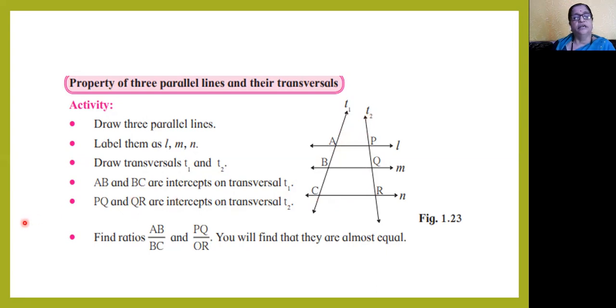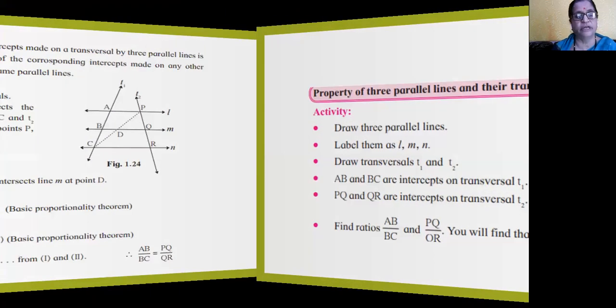Here, AB and BC are the intercepts on the transversal, and on this transversal, PQ and QR are the intercepts. So you will find that the ratio of AB divided by BC and the ratio of PQ divided by QR are almost equal.